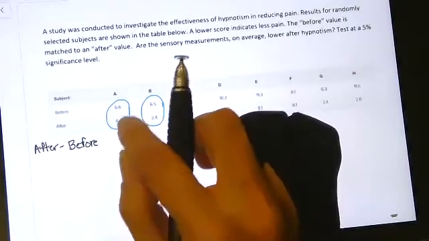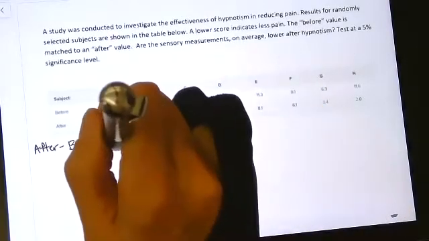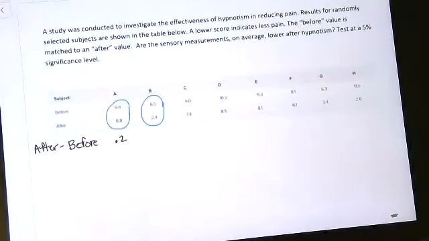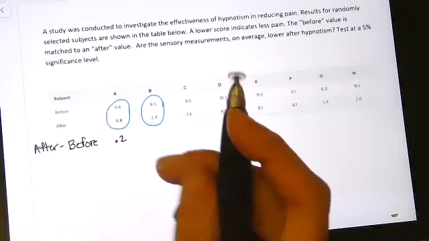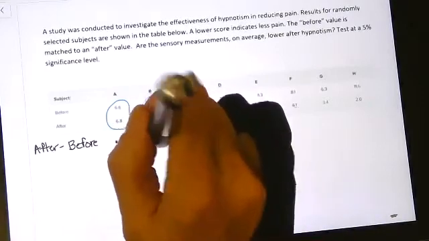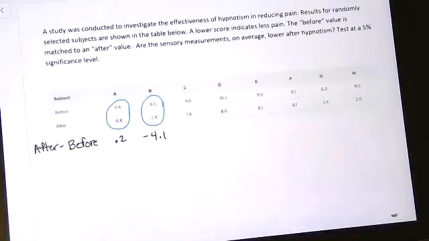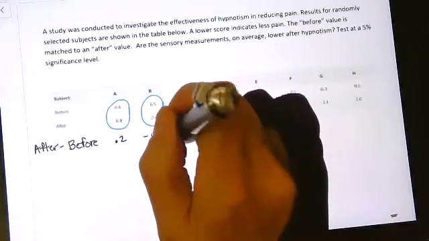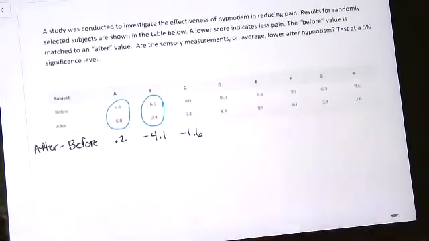So if I do 6.8 minus 6.6, this is a difference of 0.2. So interestingly enough, this subject actually had increased pain after they went through the hypnosis. The second person saw a decrease. Negative values would represent a decrease, which is really what we're looking for. We're looking for decreased values here. The third person also saw a decrease, negative 1.6.